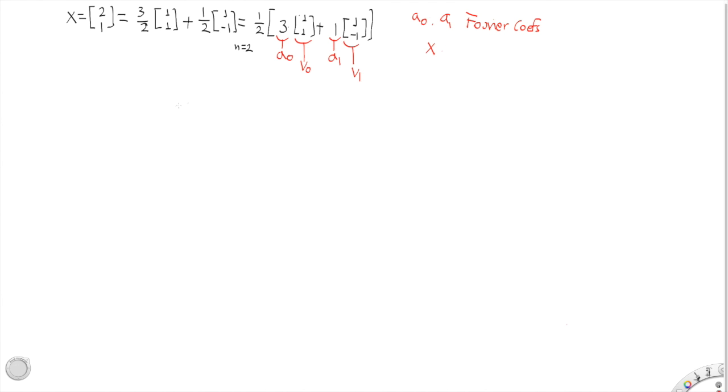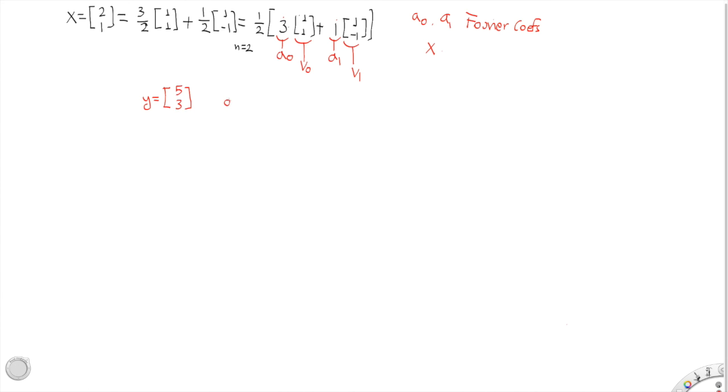So a very quick way now, if I give you another vector, let's say y, and I tell you vector y is, let's say, (5, 3), and you want to calculate the discrete Fourier transform of this vector, you have to calculate these corresponding numbers here. And you can very quickly do that by taking the dot product of this vector with v0, which is the (1, 1) vector, and v1, which is (1, -1).